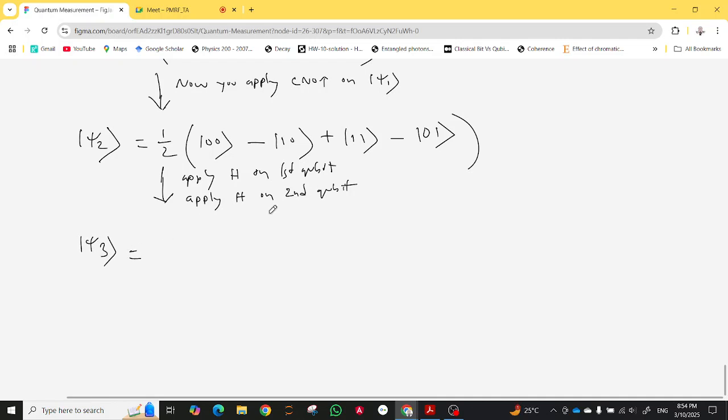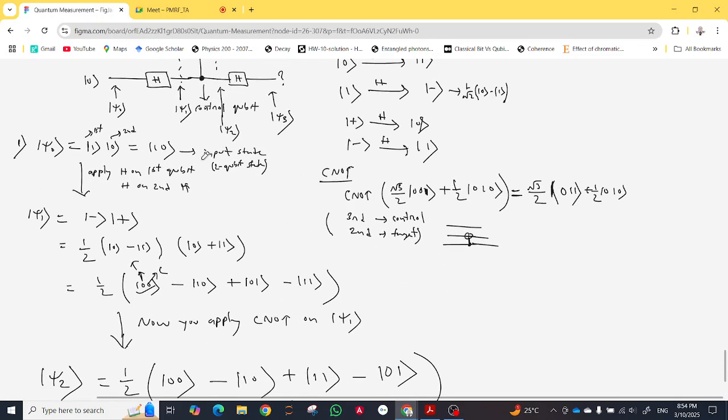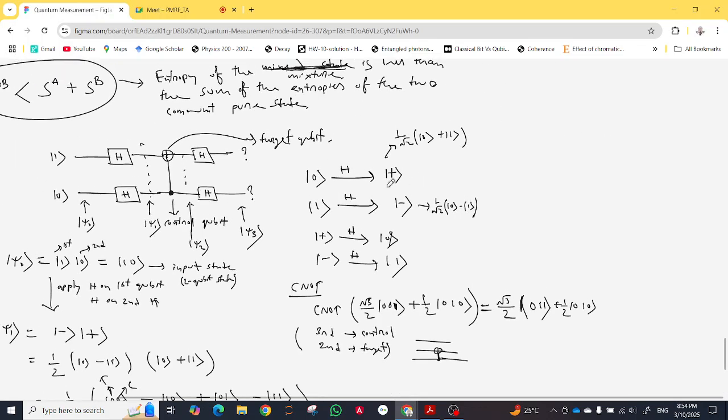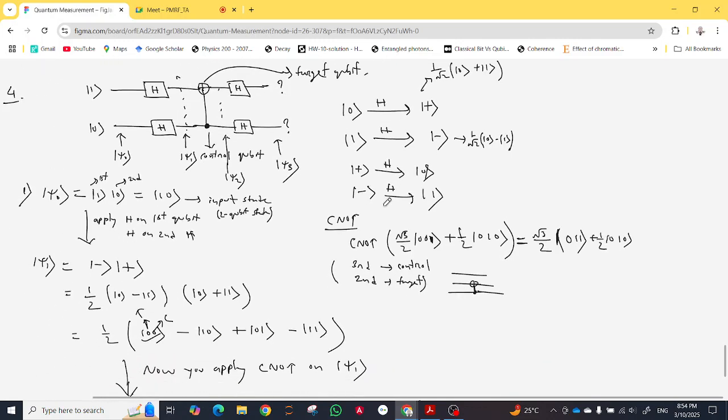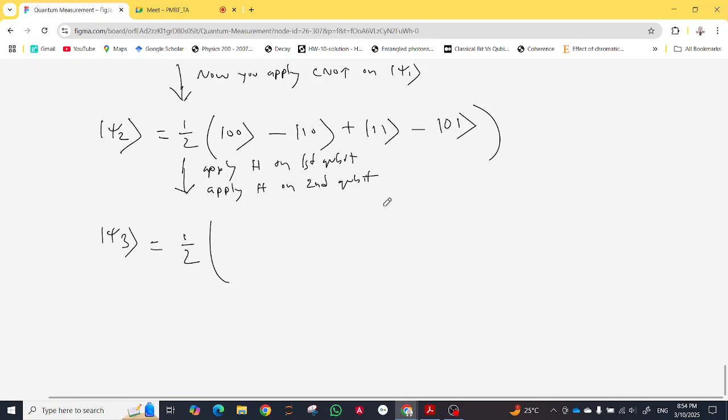First you apply Hadamard on both the qubits, right? So this is your half. Now keep on applying Hadamard. Hadamard on 0 will give the plus state and on 1 will give the minus state, right? 1 by root 2 (0 plus 1), 1 by root 2 (0 minus 1).